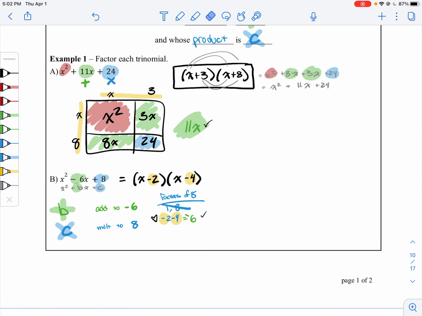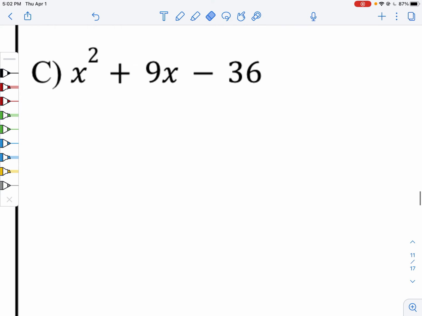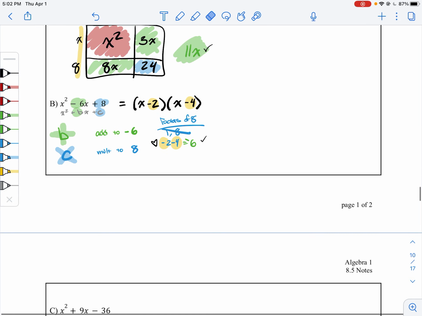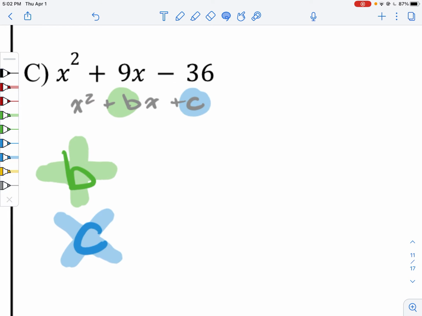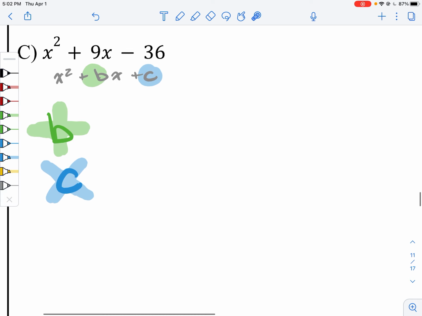There's also an undistributing strategy that you can do as well. I don't know that strategy very well, so I don't like to use it. At its core, we're trying to find ways to add up to 9 and to multiply to 36.